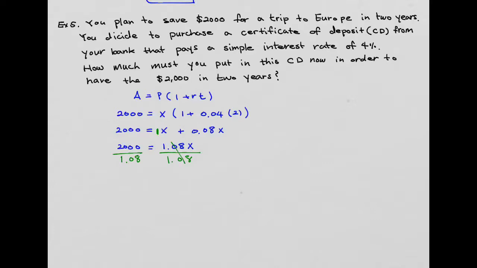You end up getting x is 1,851.85. So that's how much you need to put into a CD with 4% interest for 2 years in order to make $2,000.